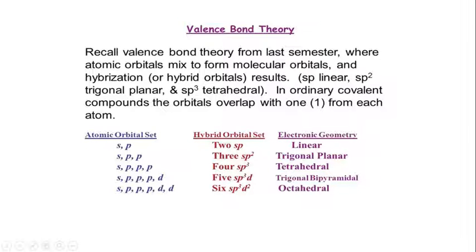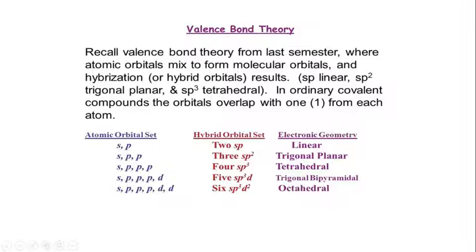Then you have the hybrid orbital set, and then you see the resultant geometry of that hybrid orbital set. For example, consider s and p as the atomic orbital set. When these two hybridize, they form two sp hybrid orbitals, and the resulting molecular structure will be linear in shape.